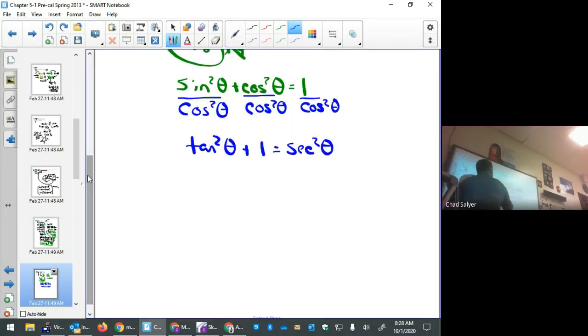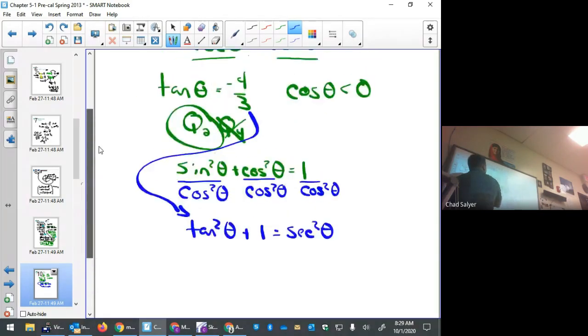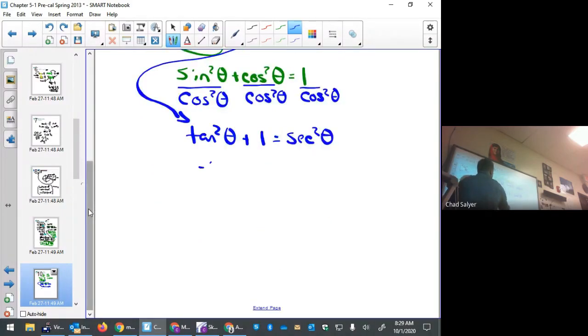Okay, so plugging in the tangent that we know, the tangent is -4/3.